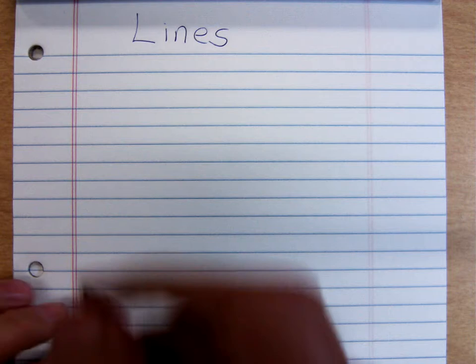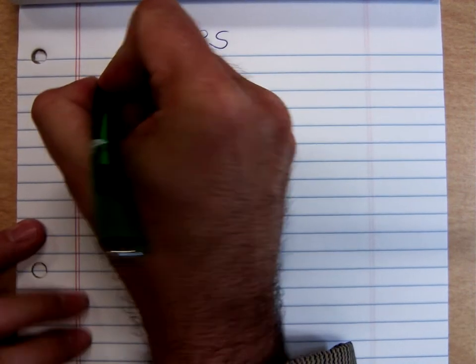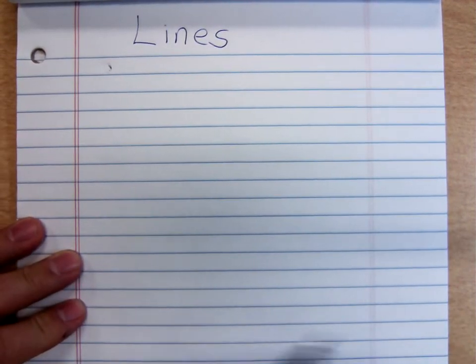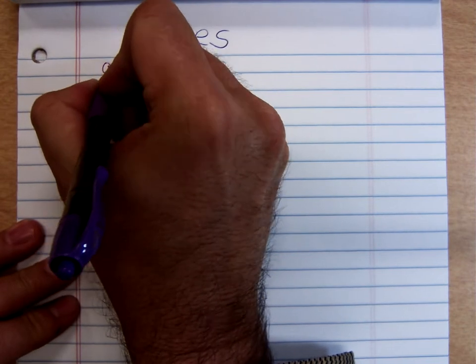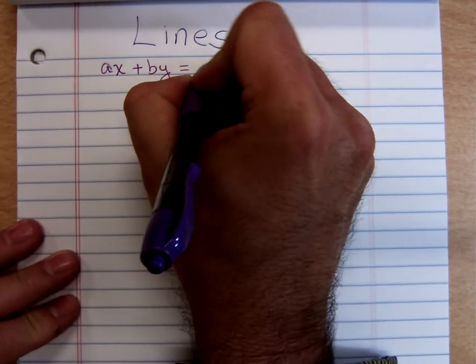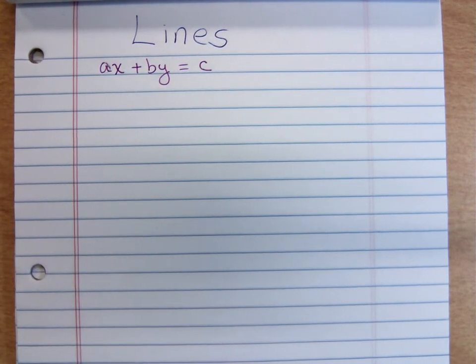If there's not an exponent on the x or y, then the graph of the equation is a line. If we had something like ax plus by equals c, that's standard form for the equation of a line.